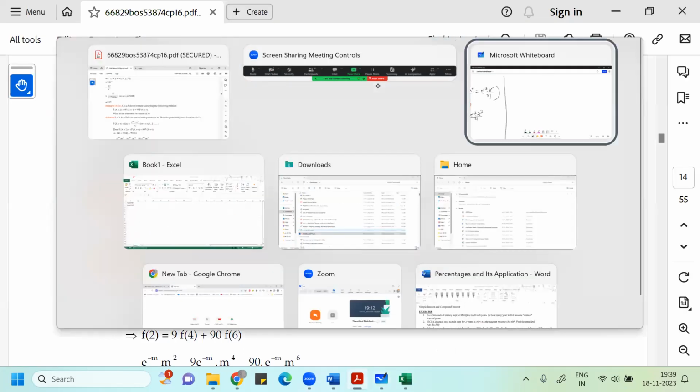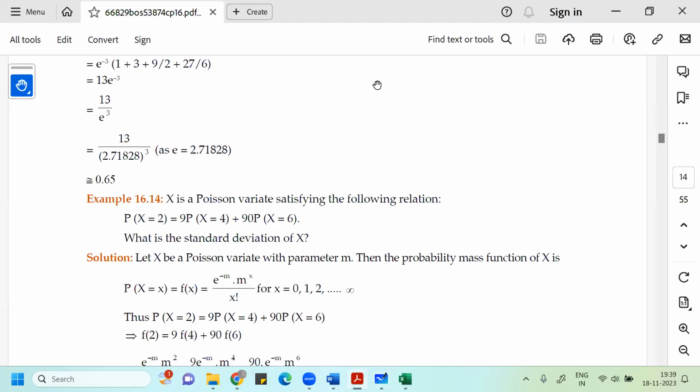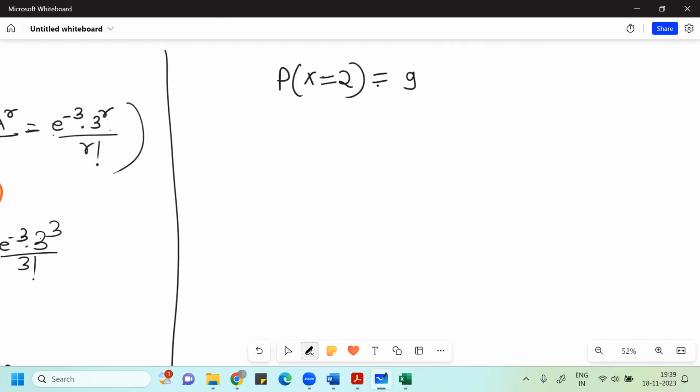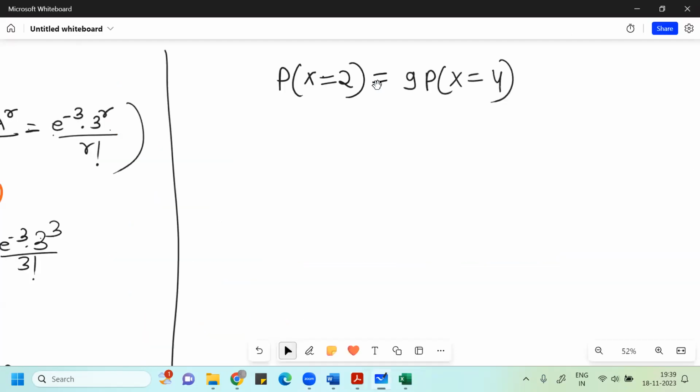So P(X = 2) is equal to 9 times P(X = 4) plus 90 times P(X = 6).